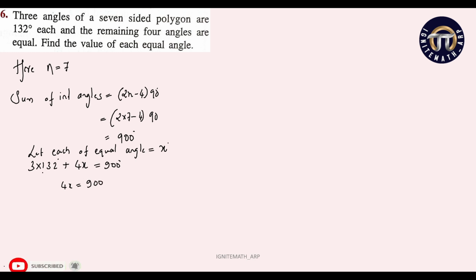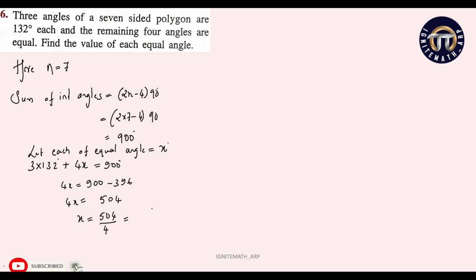Clear? So here 132 into 3 is going to be 396. 396 is taken to the other side. Clear? So 4x is equal to 396 subtracted from 900. I will get it as 504. Clear? So now x is equal to 504 divided by 4.